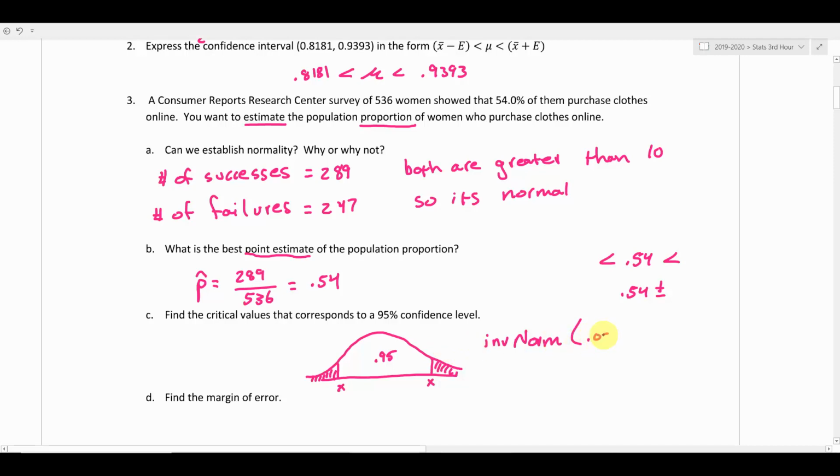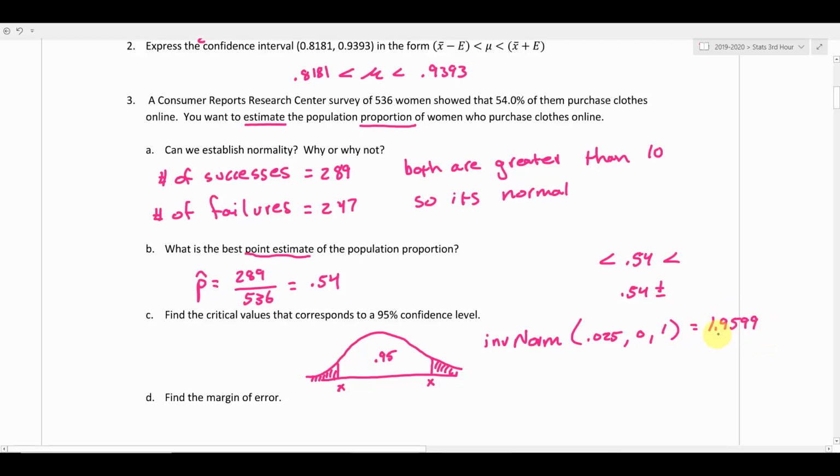So I'm going to do a 0.025, comma, 0, comma, 1. And we're doing a standardized normal distribution so we can figure out how many standard deviations away we need to go to get that 95% in the middle. All right, so when I do this one, we get a 1.96 or 1.9599, depending on how many decimal places you want to go to.